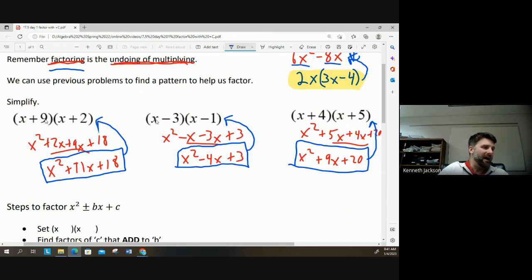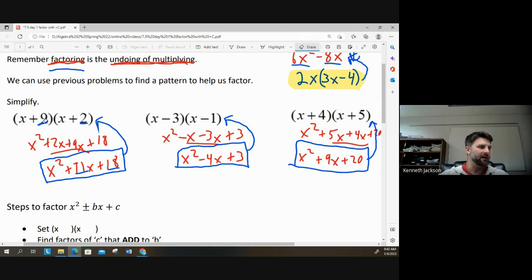How could I combine a 9 and 2 and make it into an 11? I could add them. 9 plus 2 is 11. How could I combine 9 and 2 to make it into an 18? Well, I can multiply. 9 times 2 is 18.